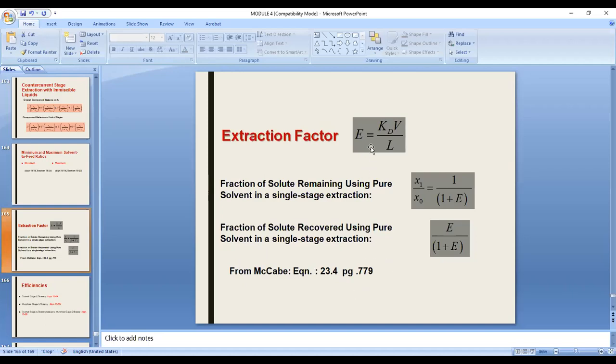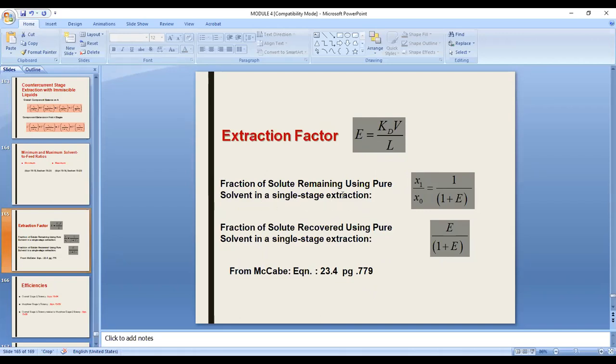You have here the extraction factor equal to K sub D times B over L. And you have these ratios of X sub 1 over X sub O in terms of the extraction factor. And this particular formula allows you to solve the fraction of the solute remaining using pure solvent in a single stage extraction.